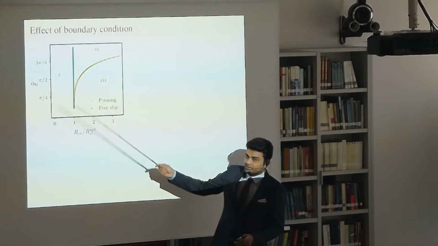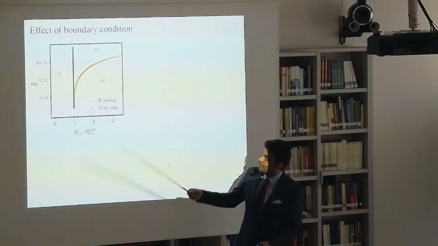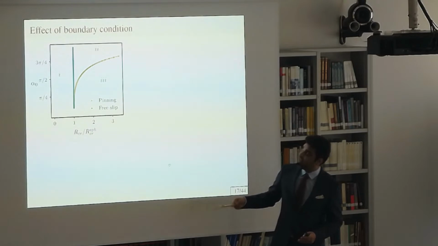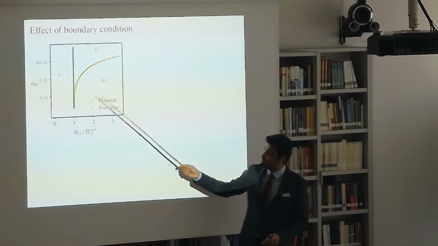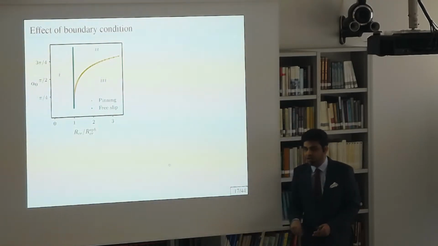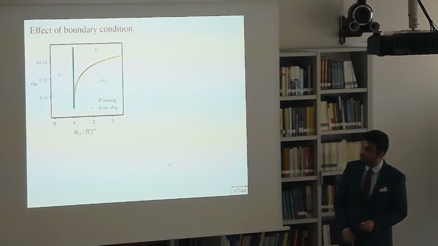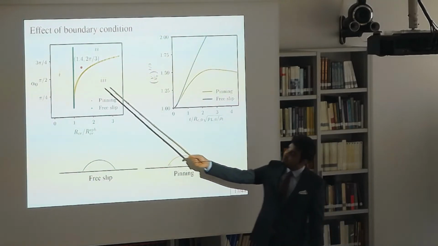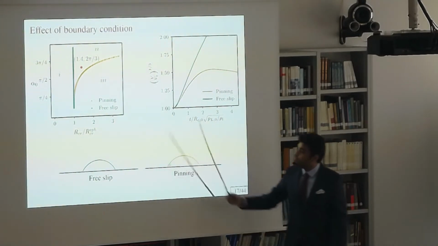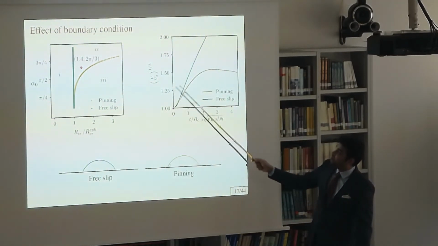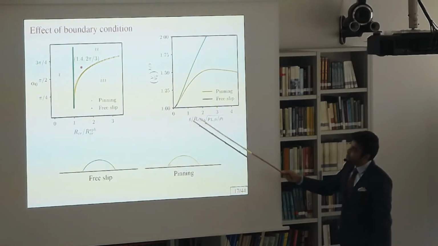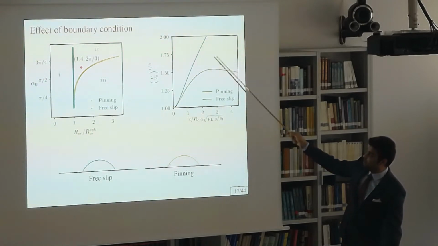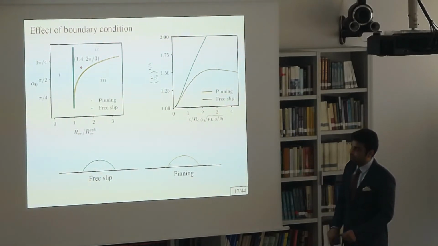In region 1 the bubbles are always stable. In region 3 the bubbles are always unstable, and in region 2 the bubble stability depends upon how the contact line moves. We verify this numerically by taking a representative bubble in region 2, and we again do the experiment that I showed you previously, and we see that the pinned bubble behaves stably, whereas the free slip bubble behaves unstably.